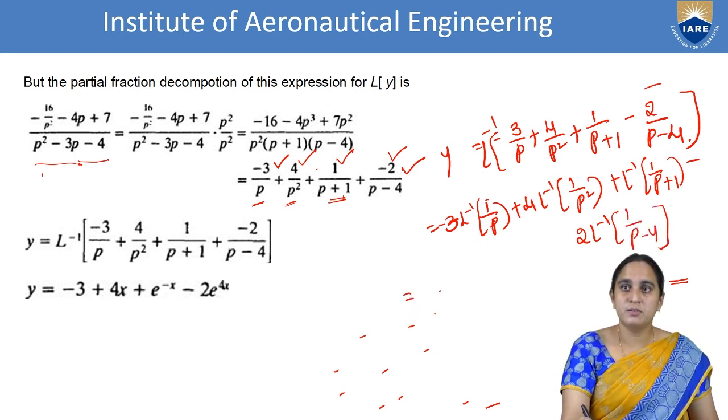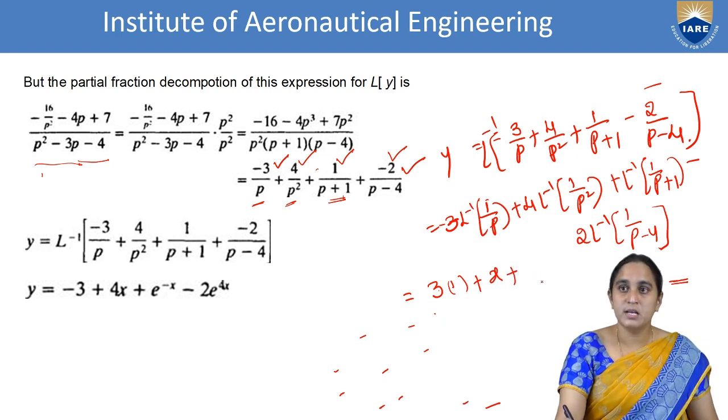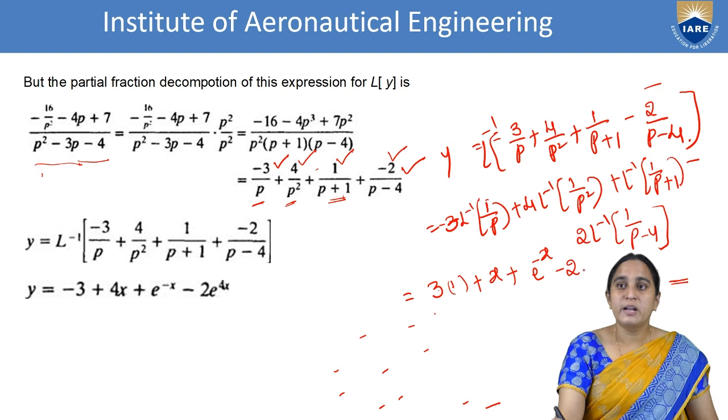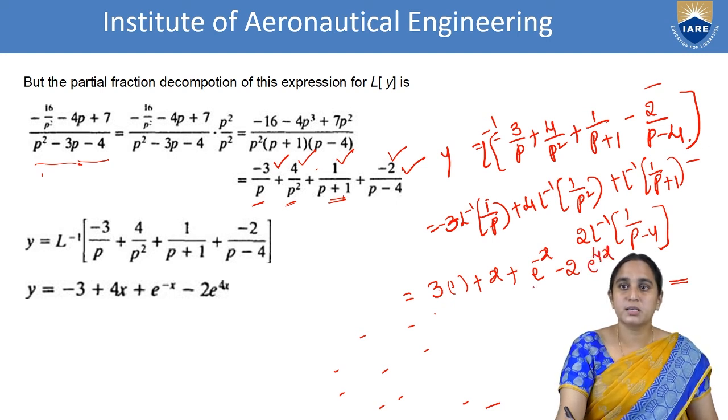Therefore, what is the formula of the Laplace inverse here? 3 into Laplace inverse of 1 by P, that is 1, plus 4 into Laplace inverse of 1 by P square, that is x by the 1 by S power n plus 1 formula, plus Laplace inverse of 1 by P plus 1, that is e power minus x, minus 2 into Laplace inverse of 1 by P minus 4, that is e power 4x.